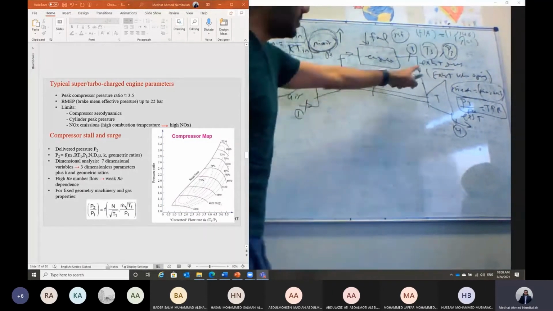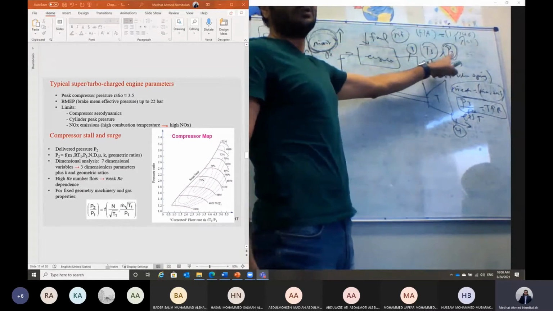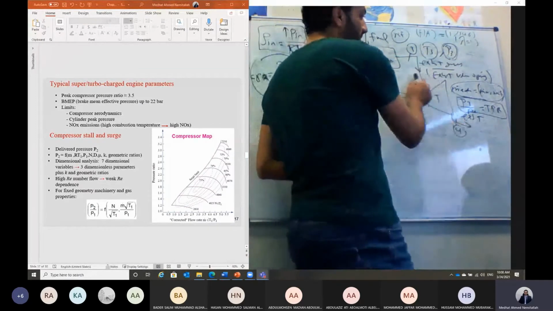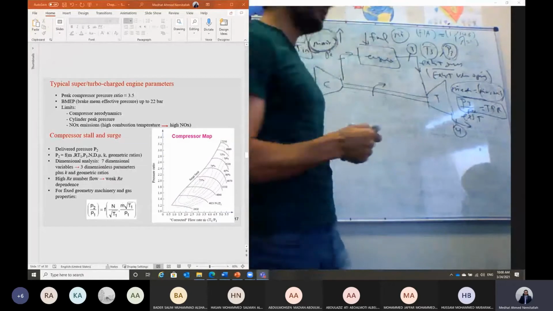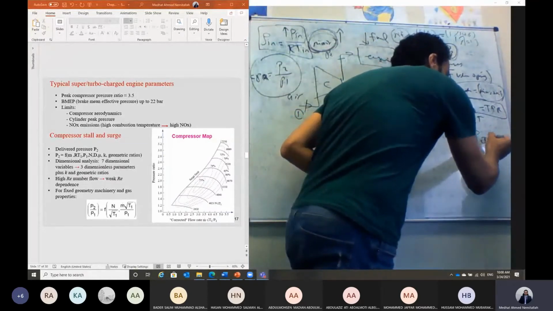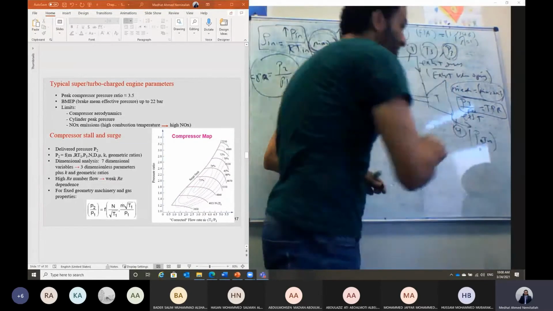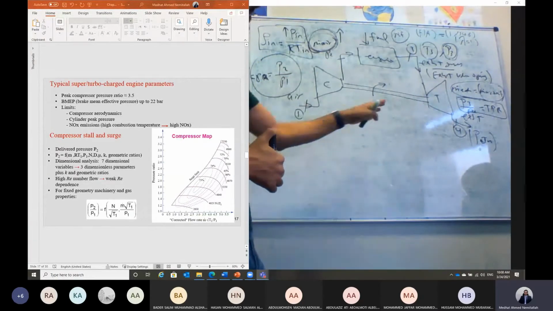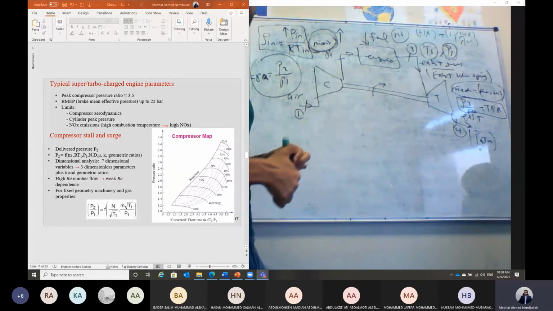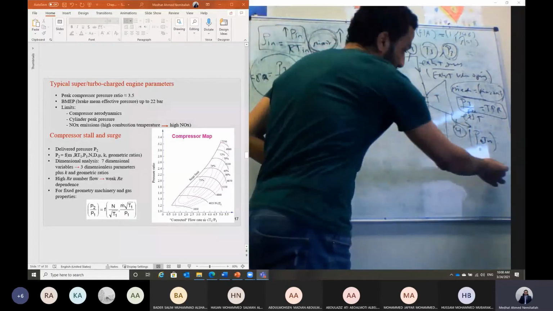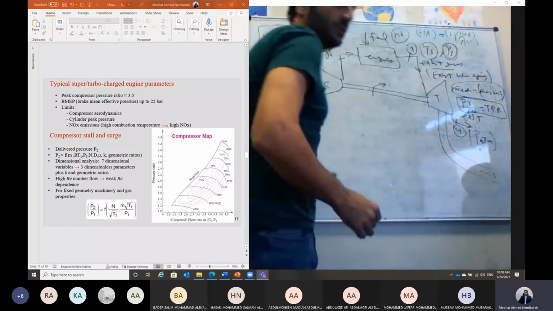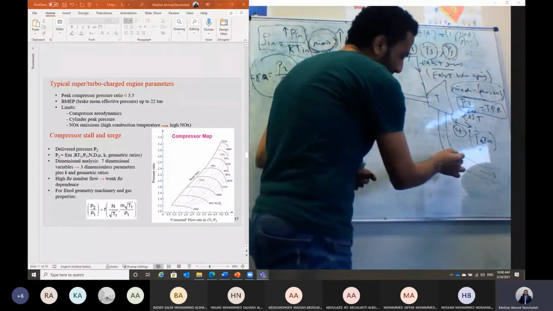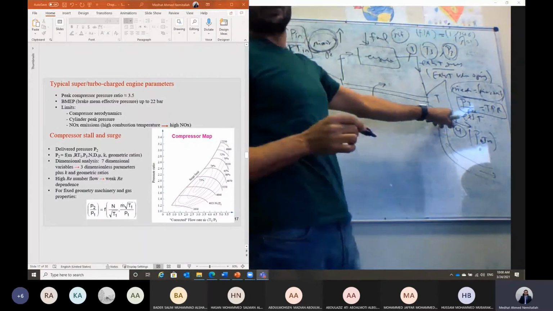So the angle at which the exhaust valve opens will decide the pressure P3. That means it will be deciding the pressure ratio across the turbine, because the pressure P4 is almost the atmospheric pressure. The exhaust of the turbine is to the atmosphere. However, the turbine is connected to the exhaust system of the car. After this turbine, the flow goes through the exhaust tailpipe, and it may result in a little bit of back pressure on the turbine.